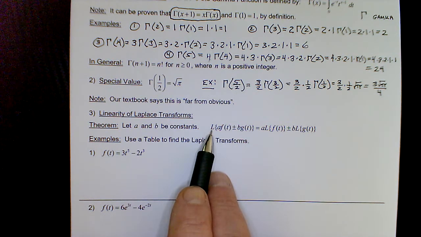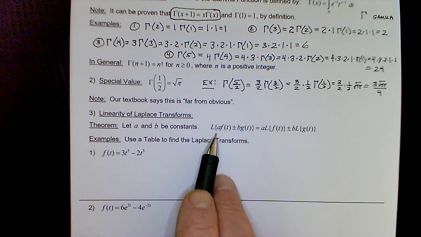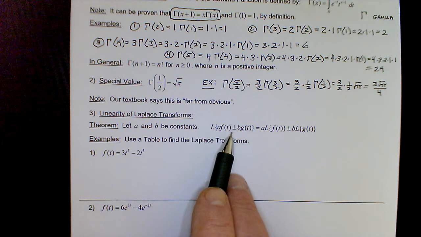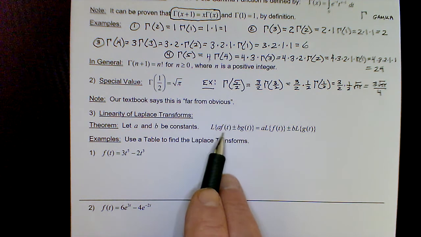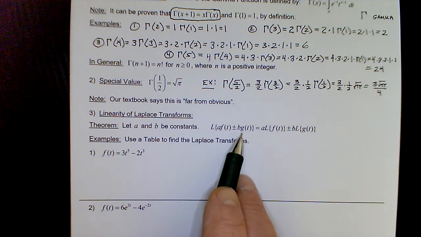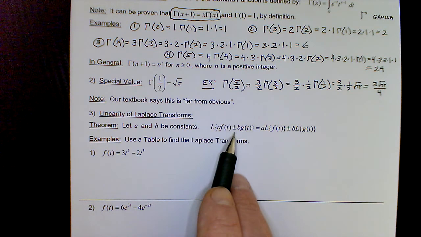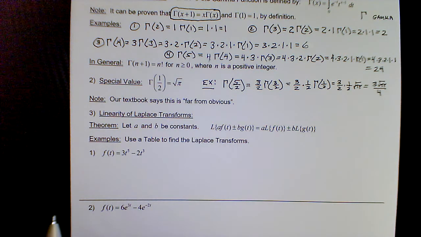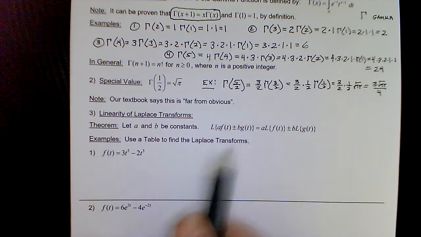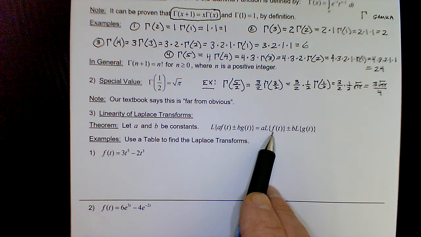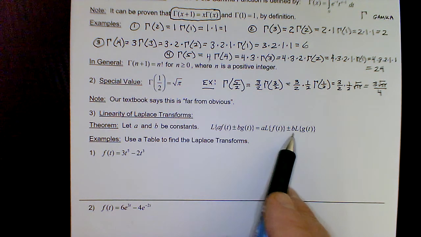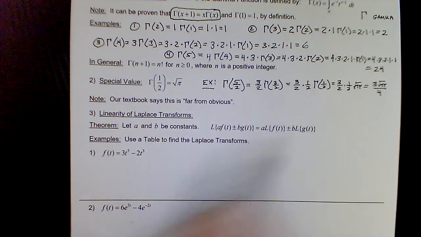If you take the Laplace of a function that's a constant times a function plus or minus a constant times a function, basically you can take the Laplace of a sum or difference, and the constant multiples can be factored out of the Laplace transform. So that would be equal to factor out the a, Laplace of the function of t, and then plus or minus factor out the b, and then the Laplace of the function of g.